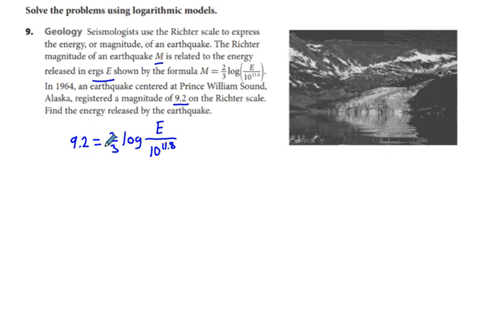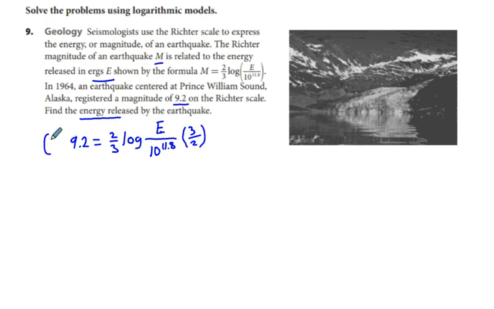So we're going to just go ahead and gradually solve for E, and then we'll have the energy released by the earthquake. So the first thing we're going to do is get rid of this 2/3 by multiplying by the reciprocal of 2/3, which is 3/2.